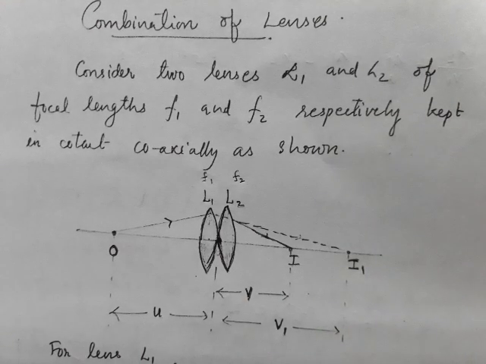So this is the situation for the first lens L1 having focal length f1, that creates an image I1 at a distance v1, and that image, virtual image, acts as an object for the second lens L2, and that lens L2 gives an image I at a distance v from it.